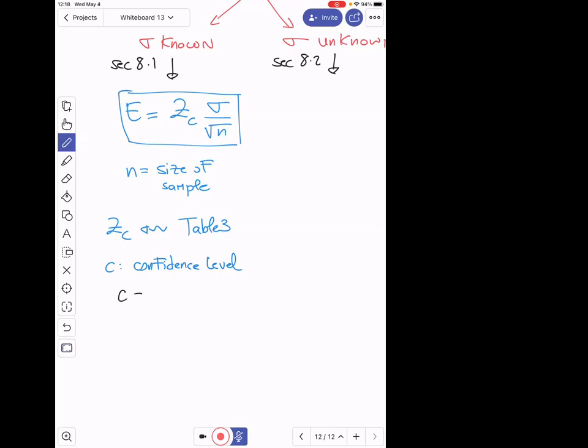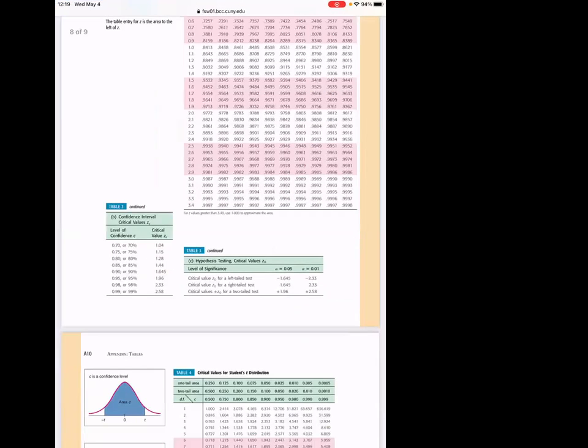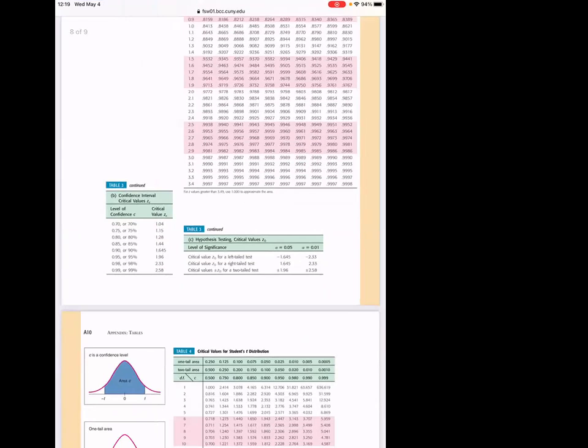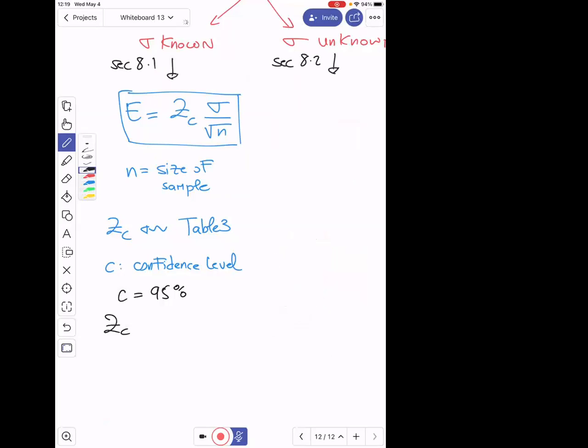Then Z subscript C, we go to our table, and for 95% it's 1.96.